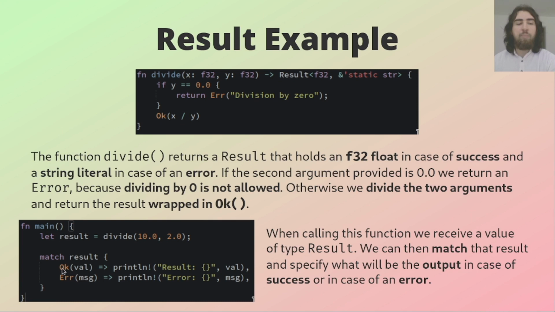And we can here use pattern matching to destructure the inner value, for example this f32, into the variable val, which we then can print out. And in case of an error, we will get back this string over here, the error message. And we destructure it into this variable here and then print it out.